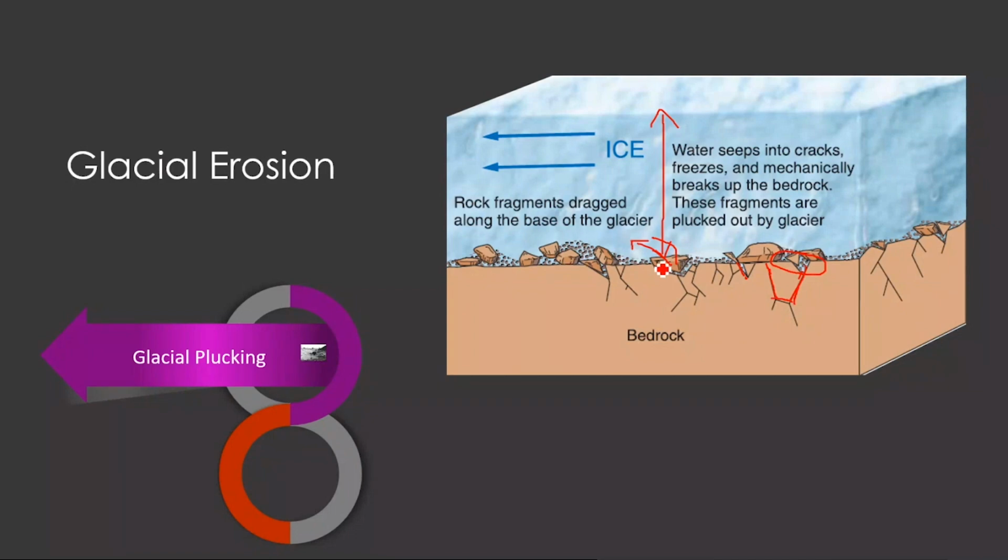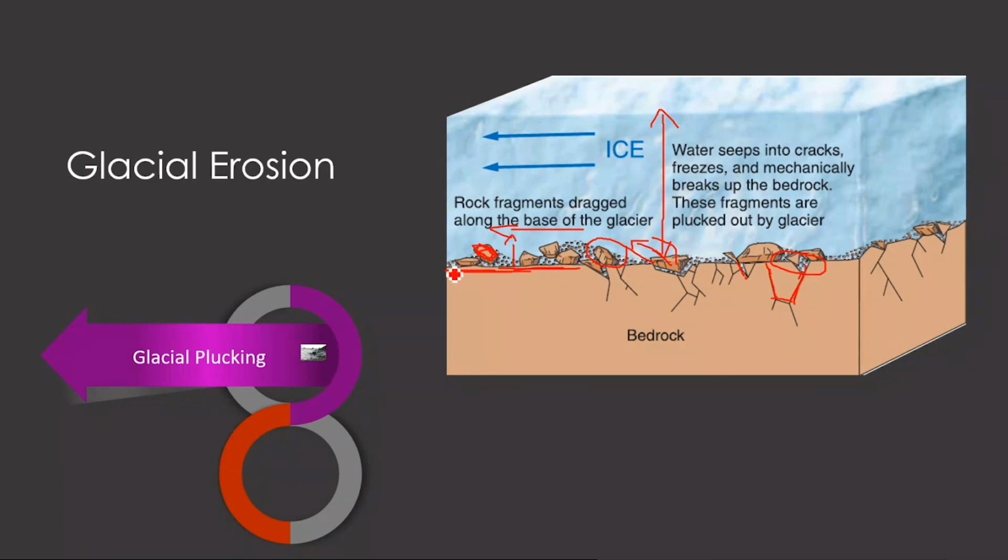Once it is plucked, it is going to be there in the ice. This melting happens only under high pressure, which occurs only at the contact. Above the contact, when it moves up slightly, it will again become ice, and these fragments will be carried by the glacier. While the glacier moves in the downslope direction, these carried fragments will grind the bedrock again.